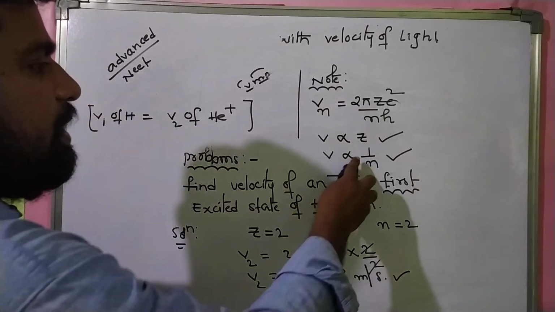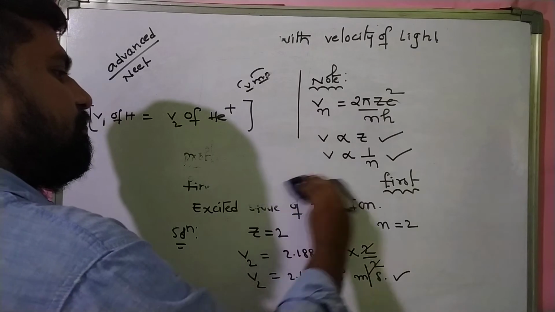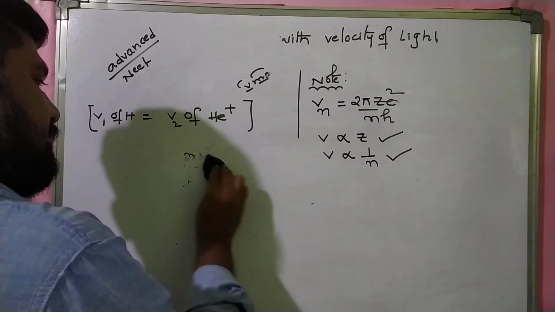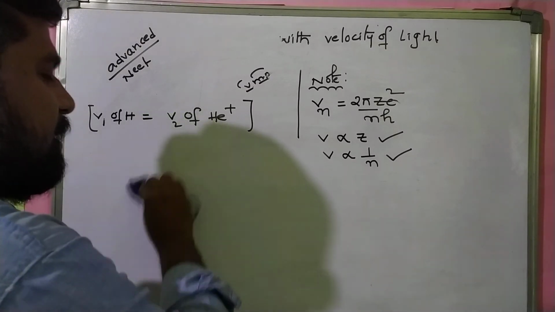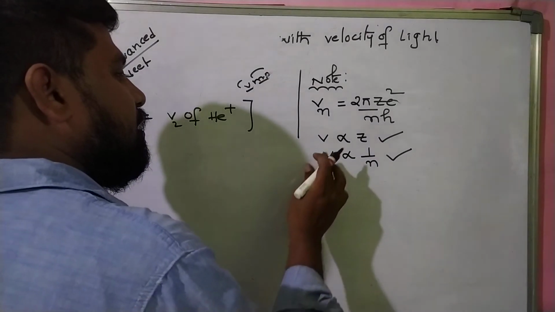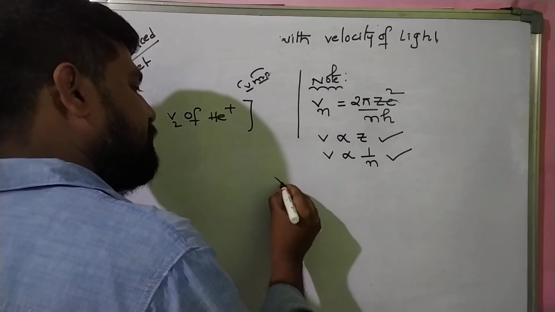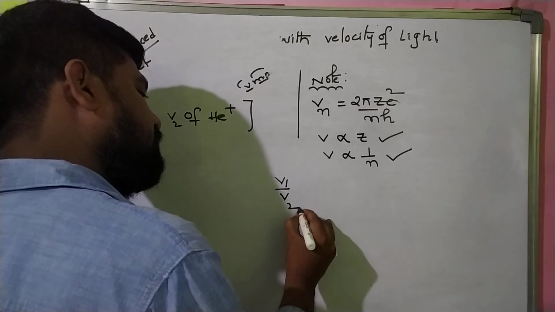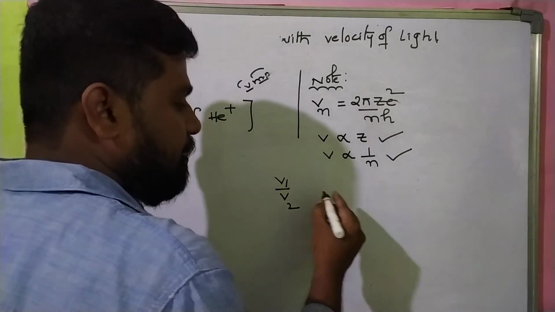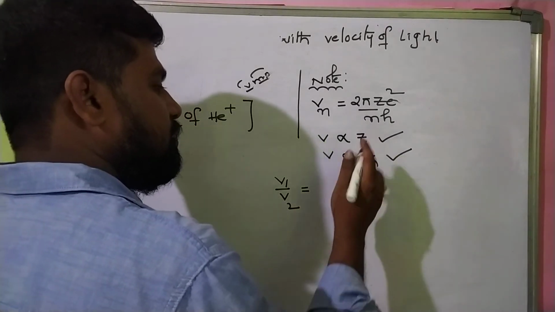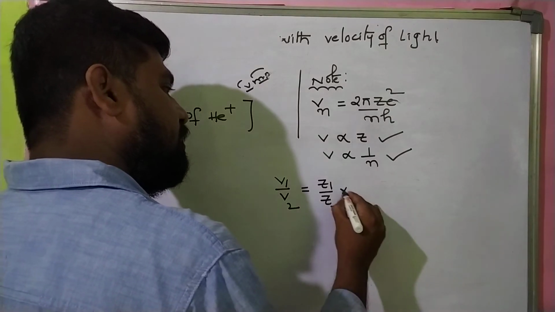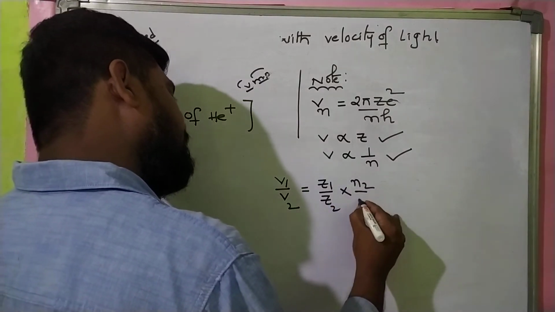Now by using this expression we get one more principle: V1 by V2 equal to Z1 by Z2 into N2 by N1.